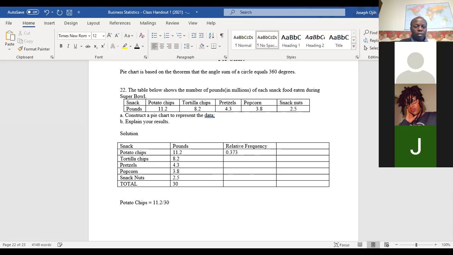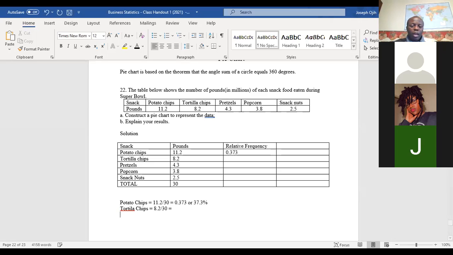Now for tortilla chips, we have 8.2, so you do 8.2 divided by 30. You can write relative frequency as a percent as well. Actually, it's a percent. That's what it is.